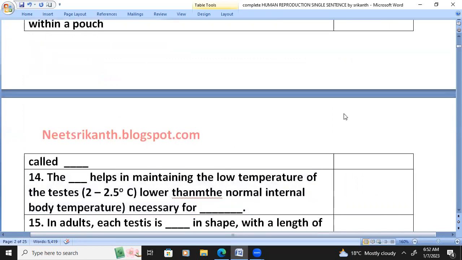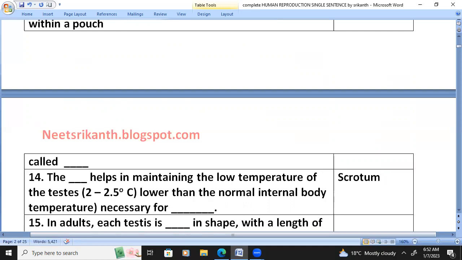The scrotum helps in maintaining low temperature of the testis, 2 to 2.5 degrees centigrade lower than the normal internal body temperature, necessary for spermatogenesis.